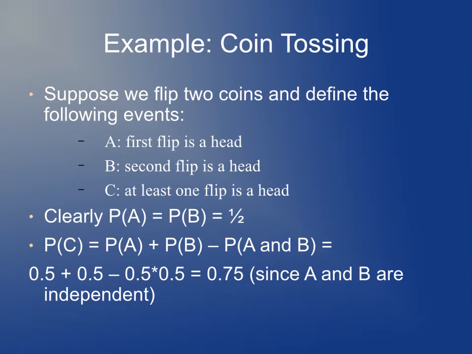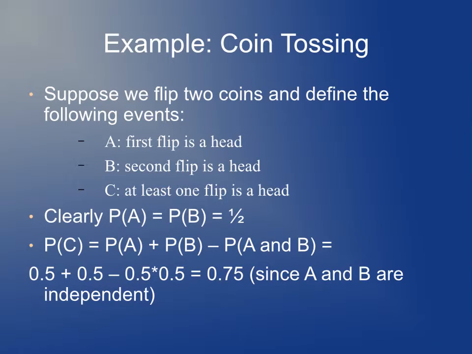So we can calculate that by using the general addition rule again: the probability of A plus the probability of B minus the probability of A and B. Well, since A and B are independent, the probability of A and B is just 0.5 times 0.5. So 0.5 plus 0.5 minus 0.5 times 0.5 turns out to be 0.75.